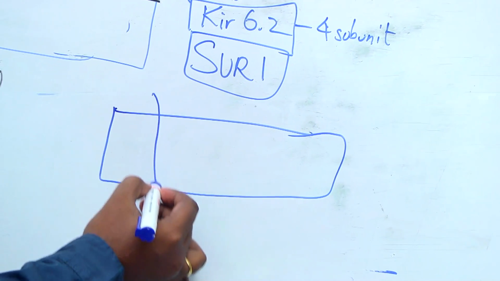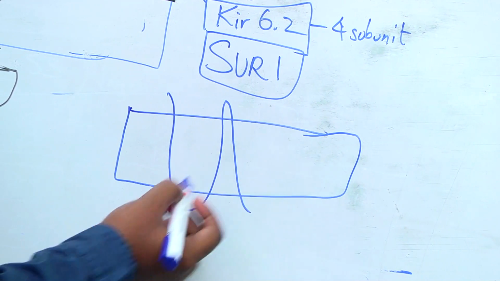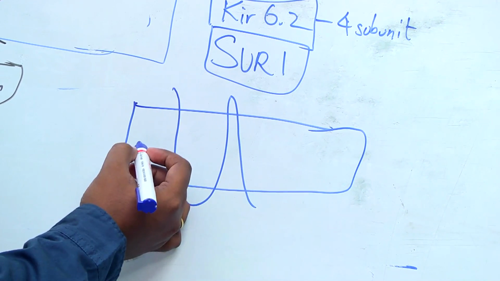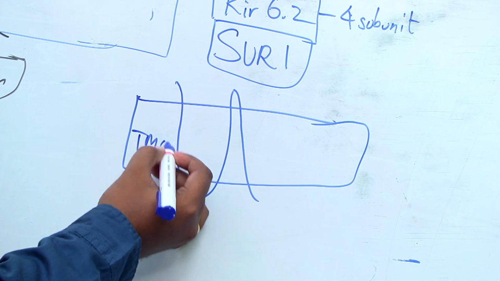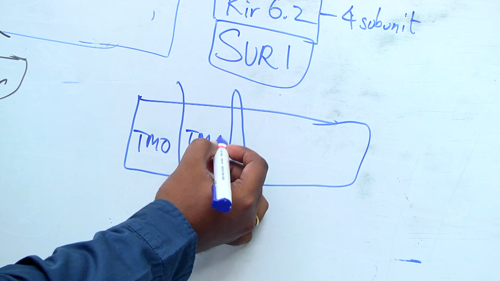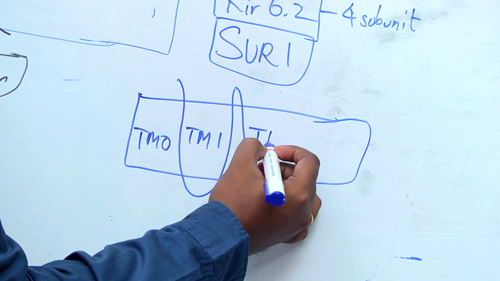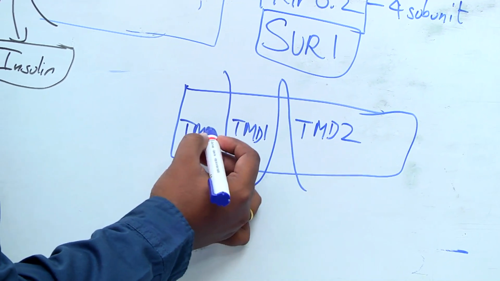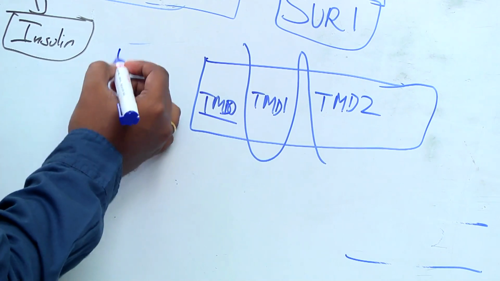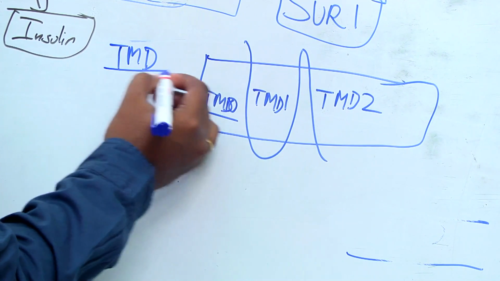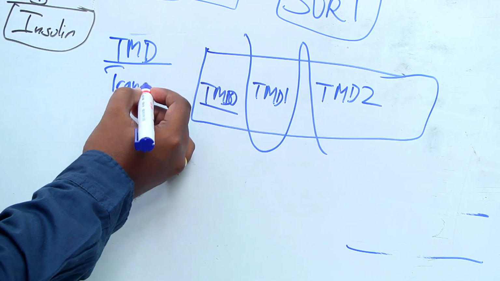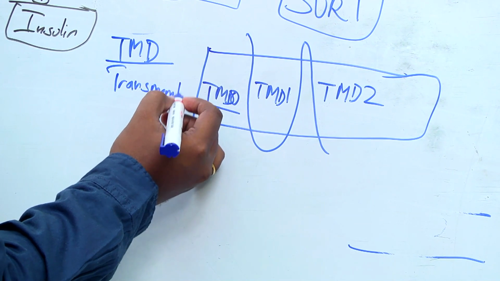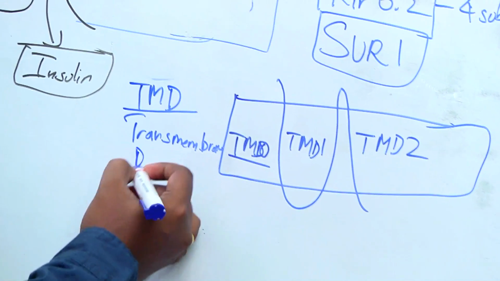It consists of 3 transmembrane domains, that is TMD0, TMD1 and TMD2. So what does TMD mean? TMD means transmembrane domains.